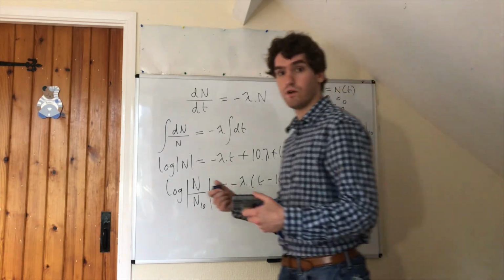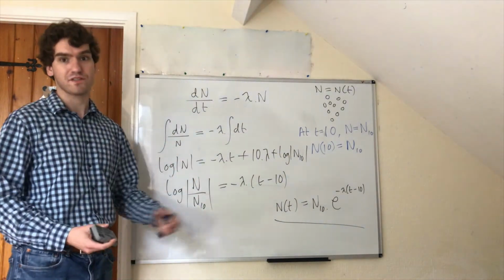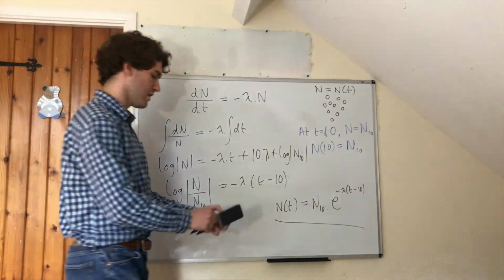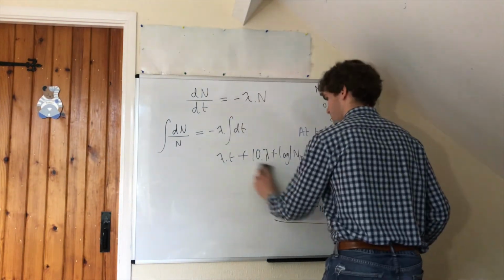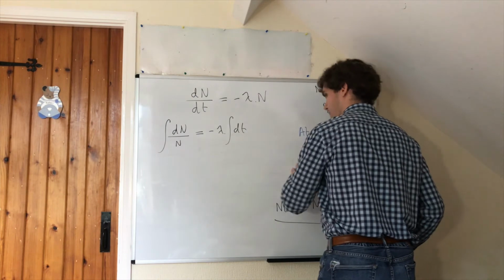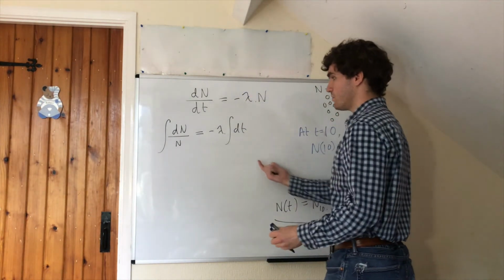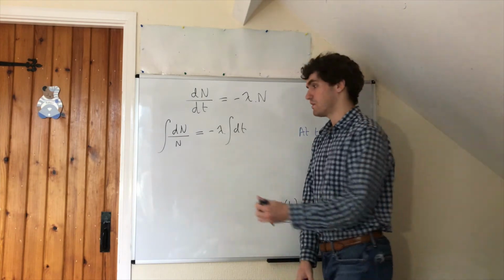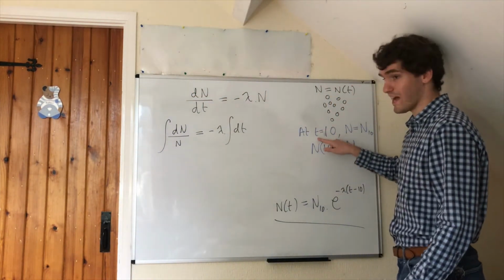Okay, so now I'm just going to prove to you that when you do it in the fashion of limits, then you will get the same thing. So I'm just going to go ahead and rub this off. If we were now putting in the limits, this time we're concerned with t equals 10.